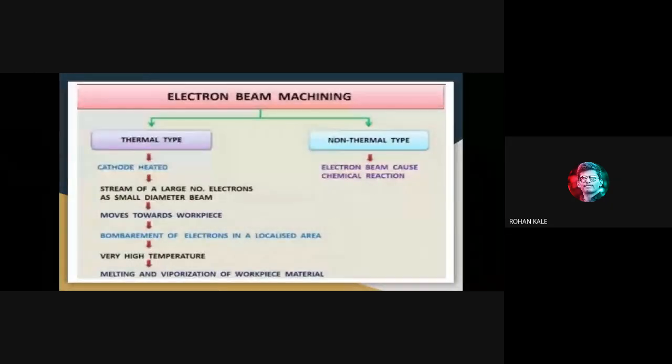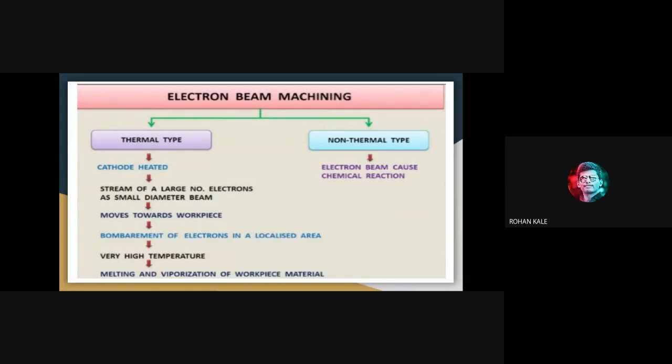Actually, the electron beam machining process has two types of methods. One is the thermal type, and another one is the non-thermal type. In the non-thermal type of electron beam machining, electron beams are used for generating a chemical reaction.